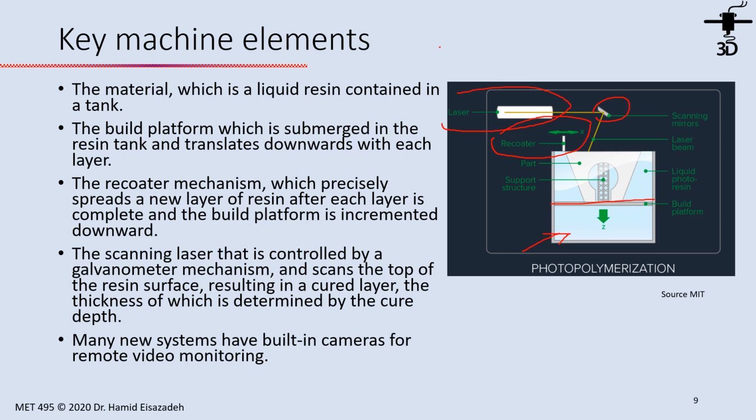That is controlled by this mechanism here. We have other components. Some of the newer systems have built-in cameras which can control the process in situ. In order to make sure we have a precise part, this will be useful.